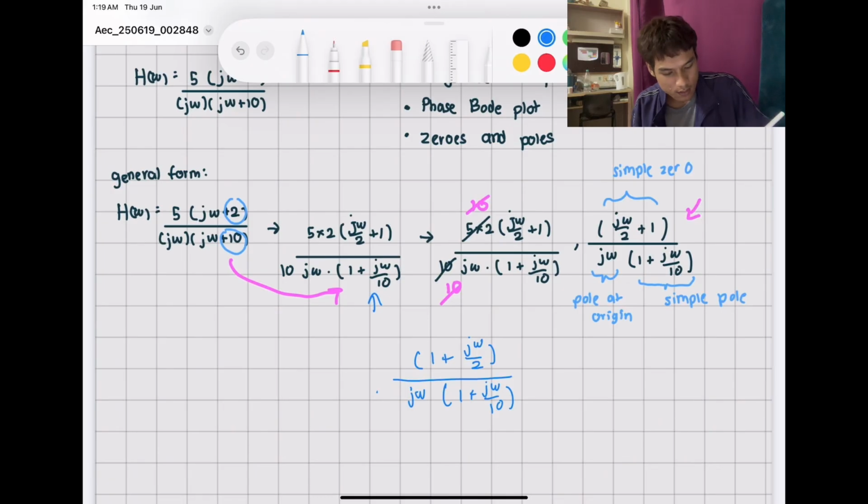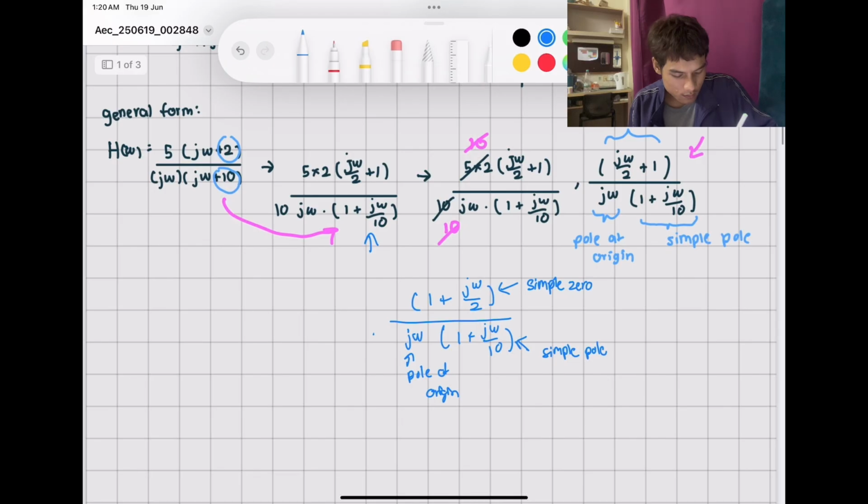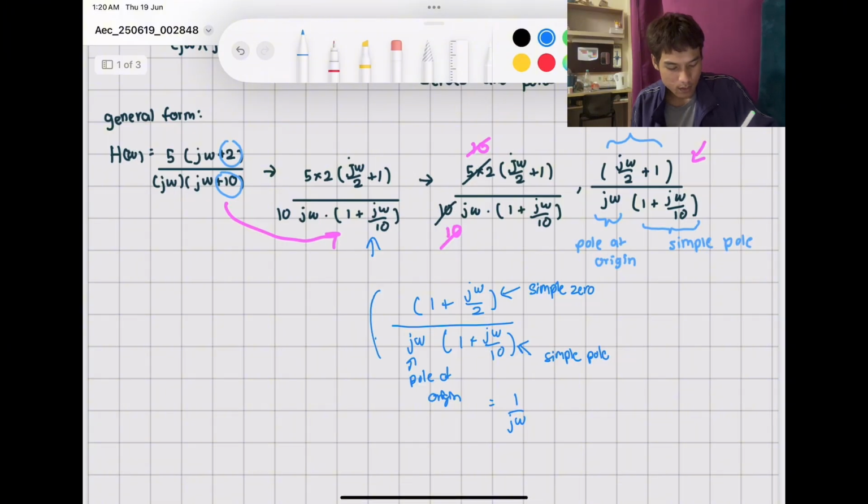At the numerator, this will be your simple zero. At the denominator, this will be your simple pole, and this will be your pole at origin. Your pole at origin will be 1 over j omega, because as you factorize it out of this function, you will get 1 over j omega.